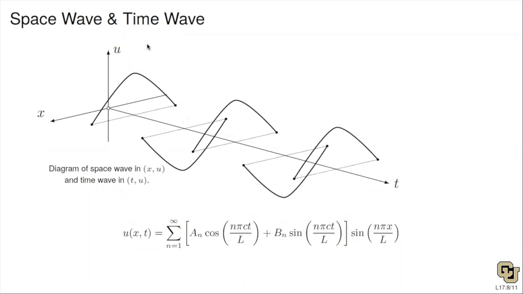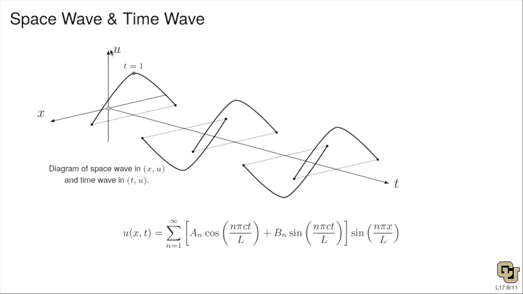So there's one obvious wave, which is this actual string going up and down. That's a wave. That's our space wave in the x and u variable, and there's this sine pi x term here. Now the other wave: fix a point. Pick a point and paint it a bright color, and just track the motion of that point as the string vibrates up and down.